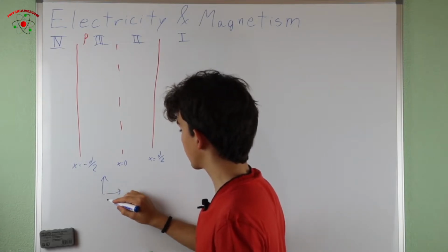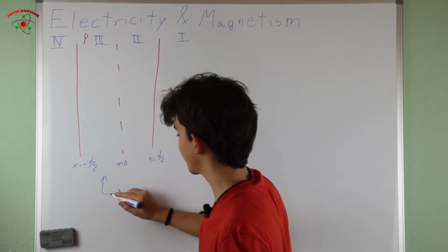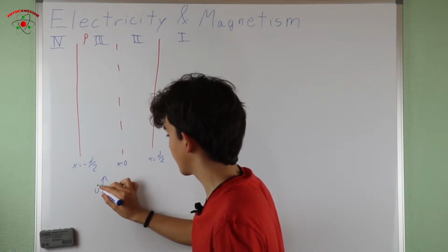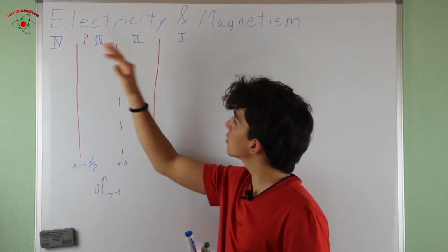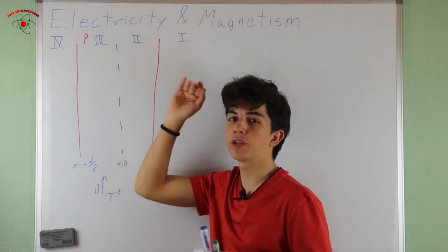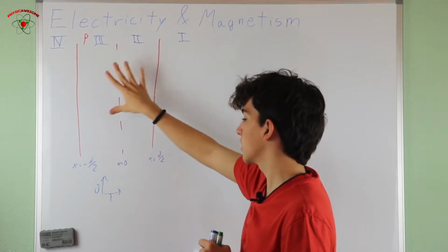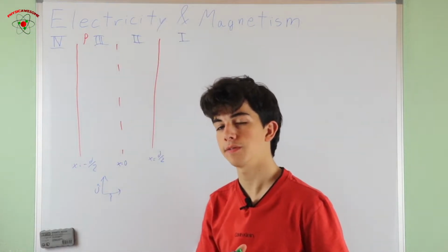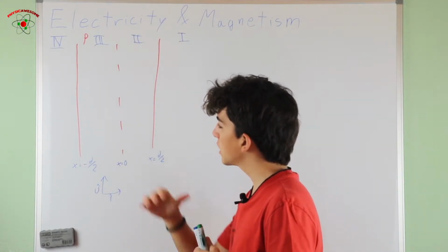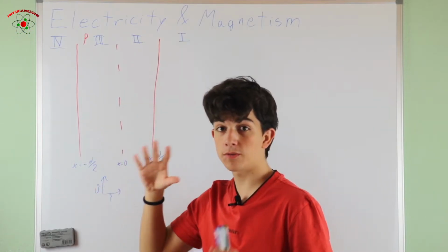To define our unit vectors over here, this is going to be i hat, not j hat, and this is going to be j hat. We're going to have symmetries playing a role, and the situation on this side of x equals 0 is going to be pretty similar to the situation on that side of x equals 0. Note that at x equals 0 the electric field is going to be 0.